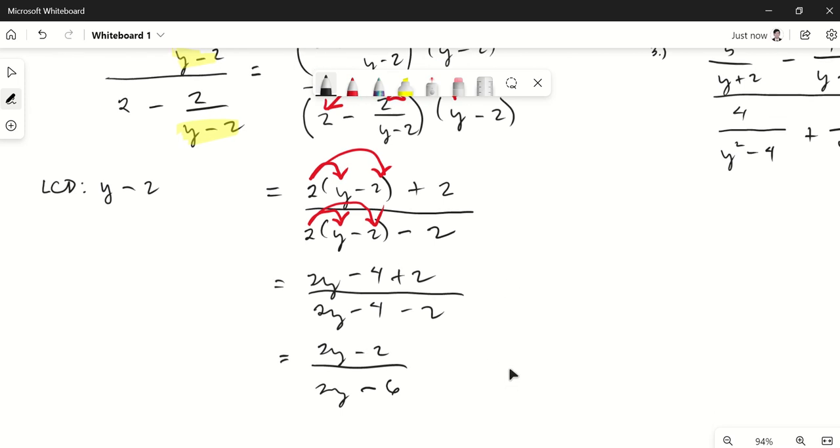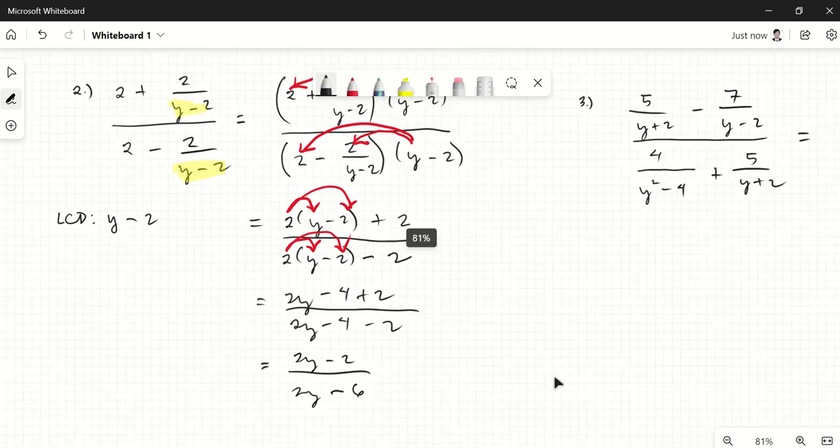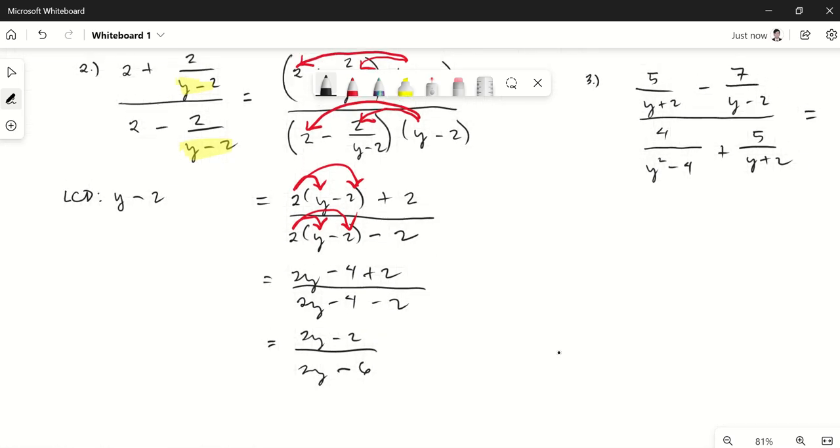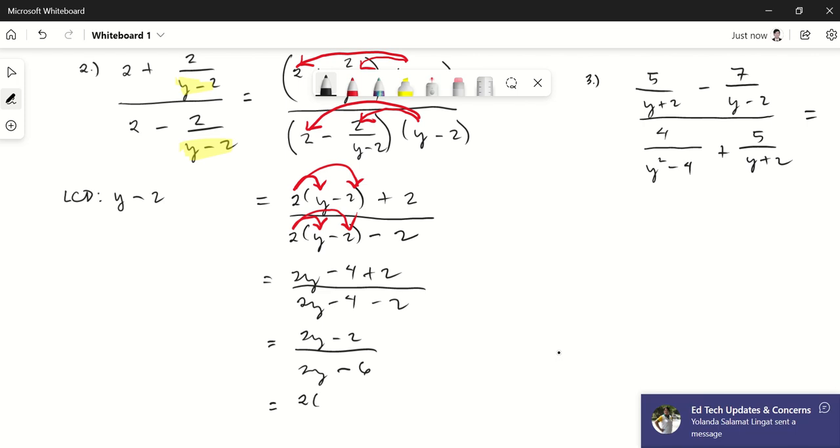Then finally, we can still apply our knowledge of factoring to further simplify the expression. So you can find the GCF of 2y minus 2, which is 2. Factor it out and you will have y minus 1. And in the denominator 2y minus 6, the GCF is 2.